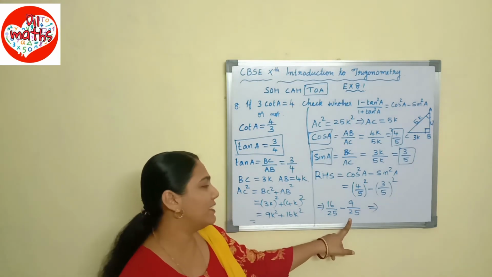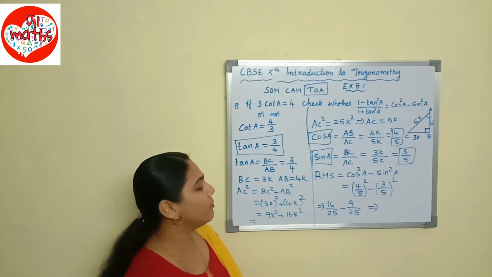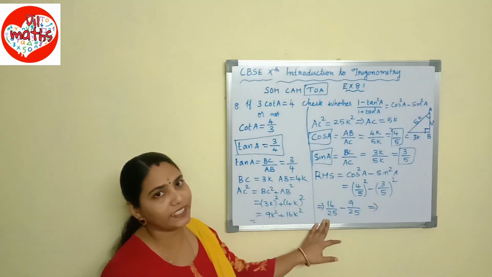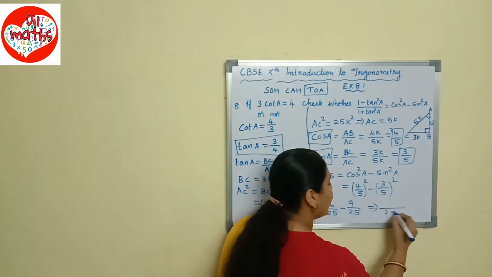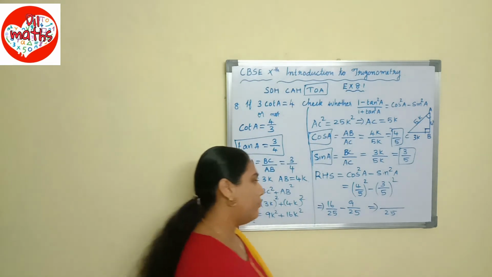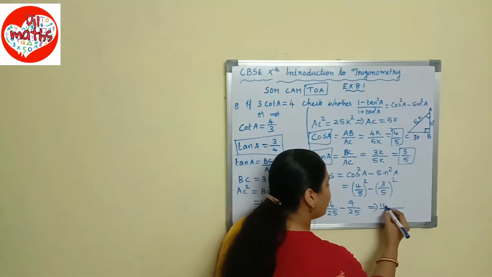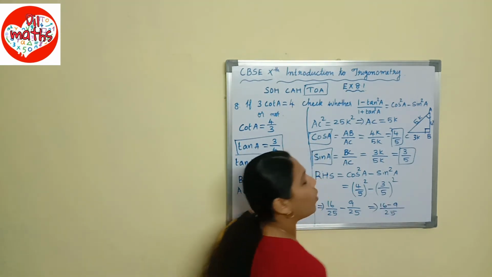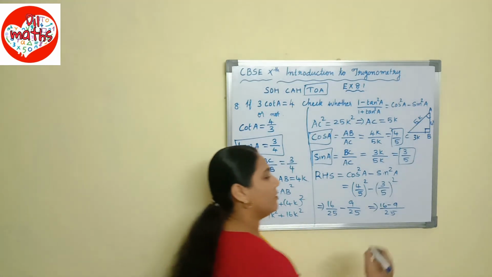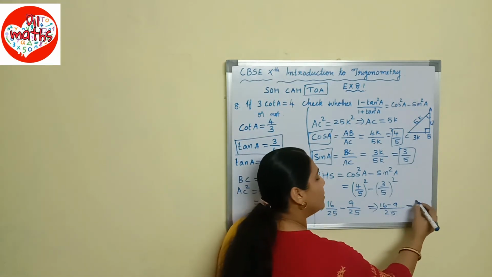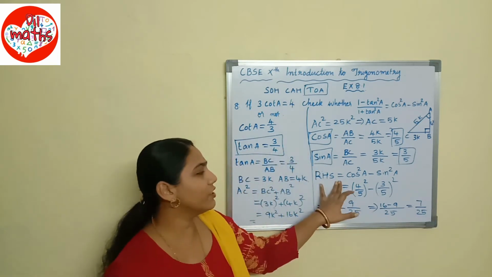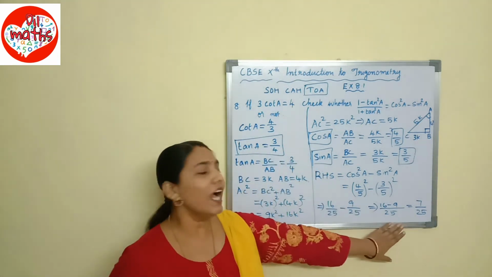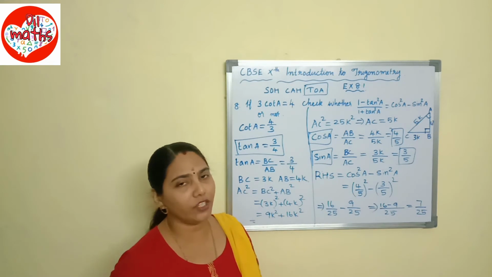So we can subtract the numerators and take the denominator as common. In the numerator, 16 minus 9 will come. 16 minus 9 is equal to 7. So 7 divided by 25. We got cos square A minus sin square A. That means RHS is equal to 7 divided by 25.